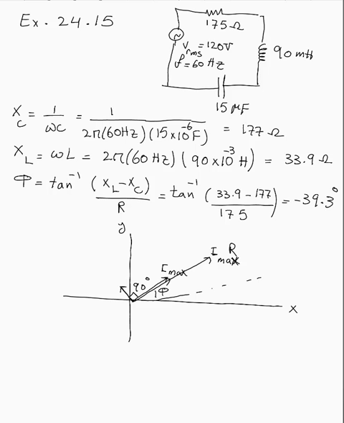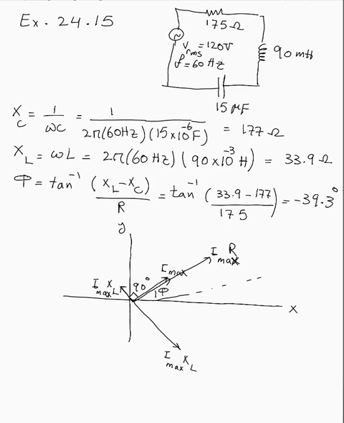But because XL is smaller than XC, I'm going to draw a very small vector here. So this is I max times XL, but then the I max XC, which is the voltage across the capacitor, and we know that it lags the current, is much bigger here.